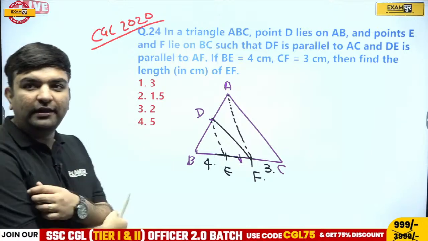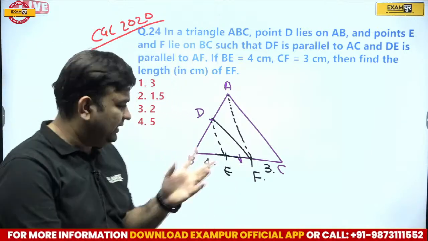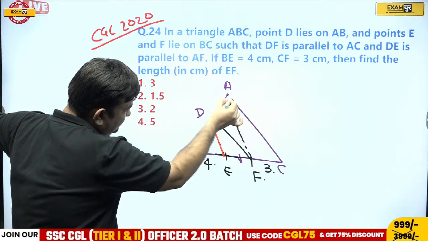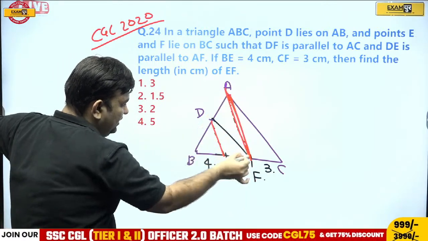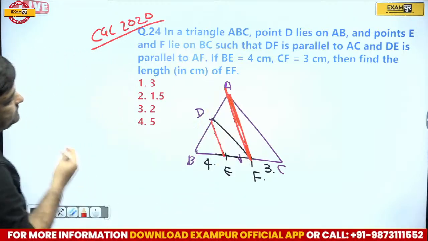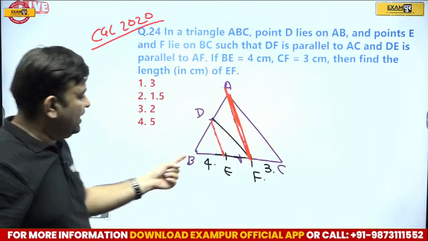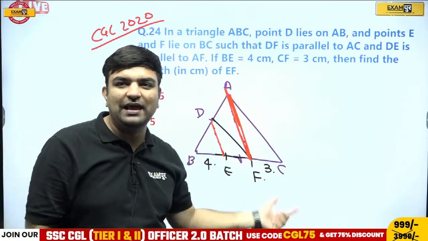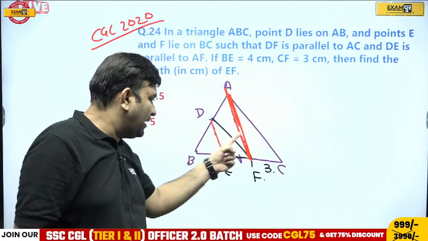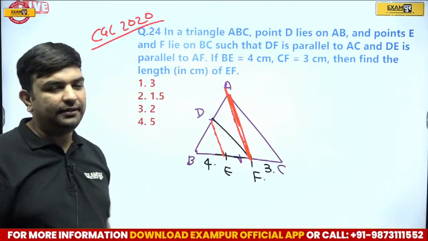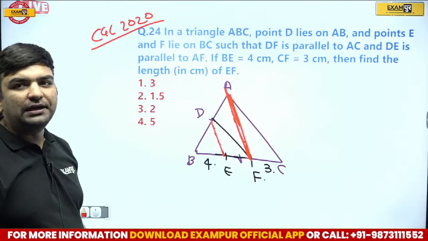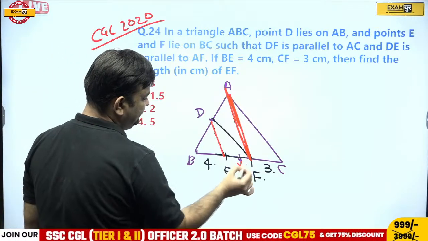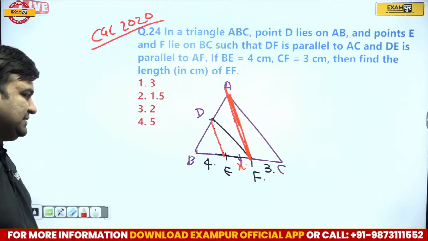Okay, I am avoiding doing it completely. Let me do it, guys. If you see this triangle, whenever parallel lines are there, you can apply similarity, or proportionality as well. I am assuming EF to be X. Let's see what happens.